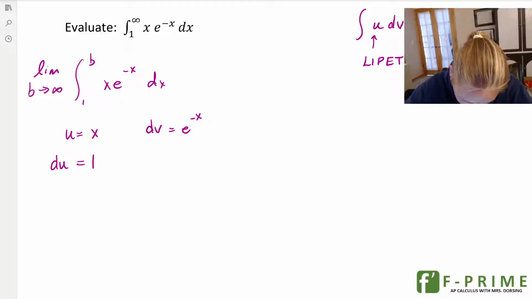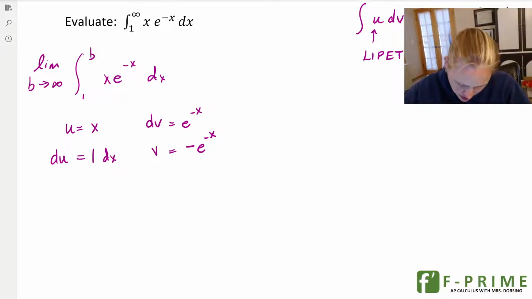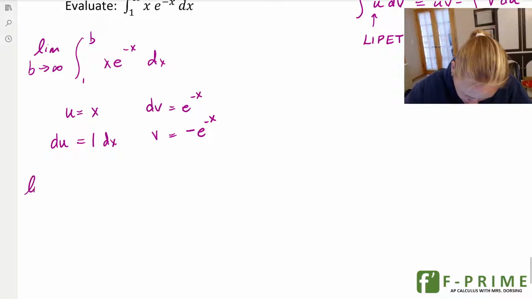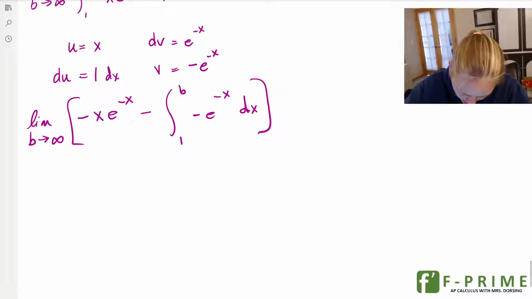I guess I can use integration by parts, it doesn't really matter. So here we go. This is going to be the limit as b approaches infinity, and I'm going to have u times v, so that's negative x e to the negative x, minus the integral from 1 to b of v du. So I'm going to integrate one more time.